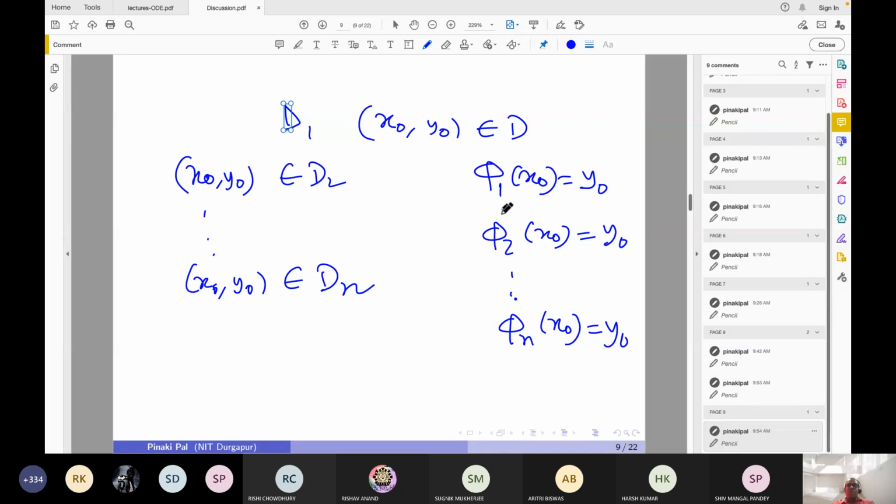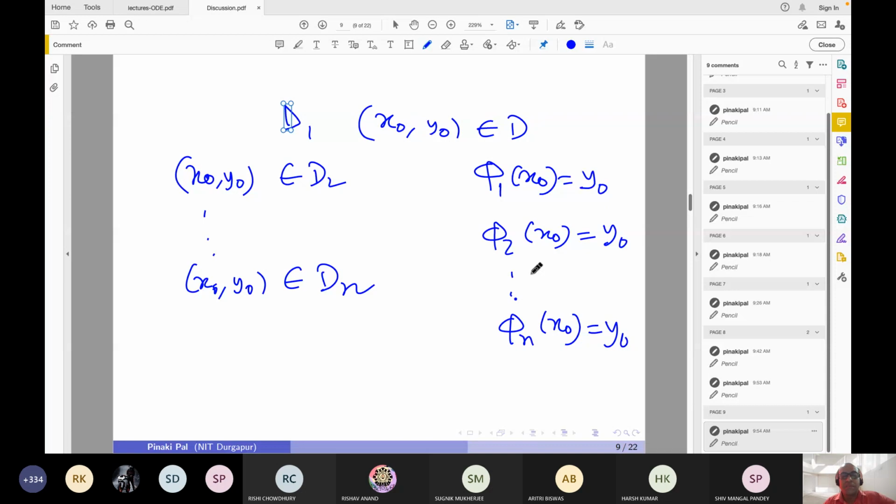The only thing is that there will be a unique function phi 1, depending on the domain, which will satisfy this condition. If you change the domain and keep the same point, whether you will get the same functions is not possible to conclude from Picard's theorem. Phi is the solution of the differential equation.